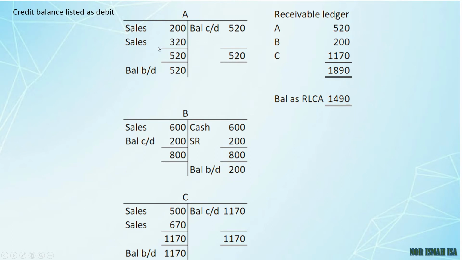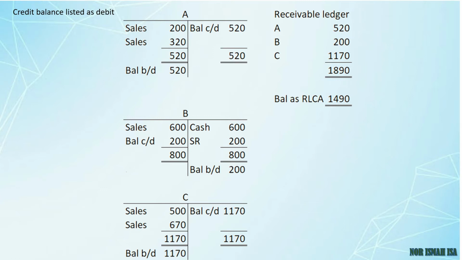When extracting the balance for each customer by doing the list of balances for this receivable, we correctly record A as a debit balance and C as a debit balance. As for B, it actually is a 200 credit balance, but we wrongly record it as a 200 debit balance.